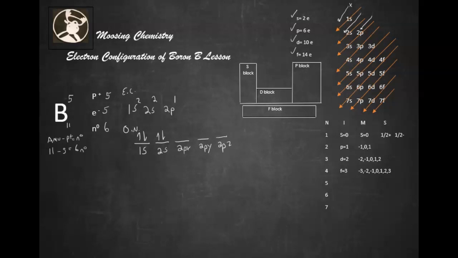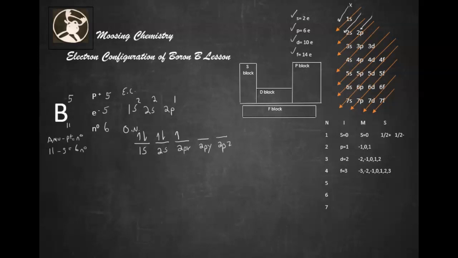Now the question remains, do I really need all 3 of these blanks because I only have 1 electron left? And the answer is yes, I do. Because electrons can become excited and they can jump suborbits, or they can actually jump orbits. So we're going to put 1 up arrow there.